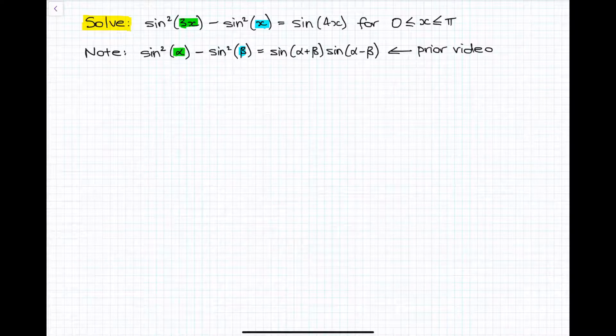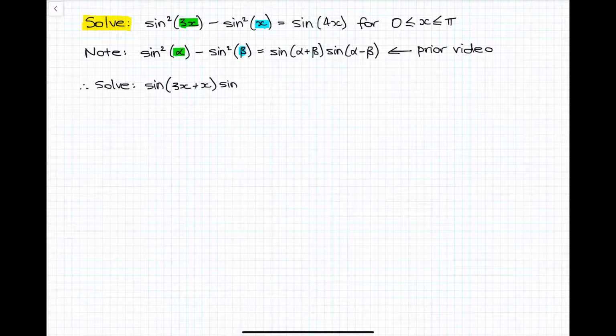So therefore really what we're being asked to do for this question is to solve, and for our left hand side I'm going to restate that as sine of alpha plus beta, or in our case 3x plus x, multiplied by the sine of alpha minus beta, or in our case 3x minus x. So that's our left hand side restated in terms of sines to the power of 1.